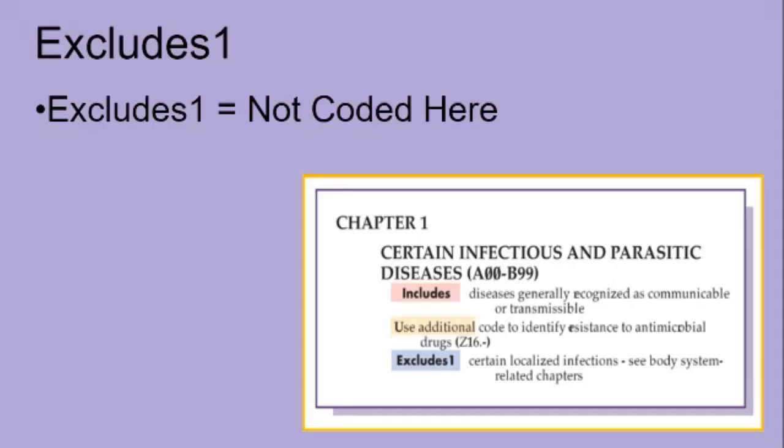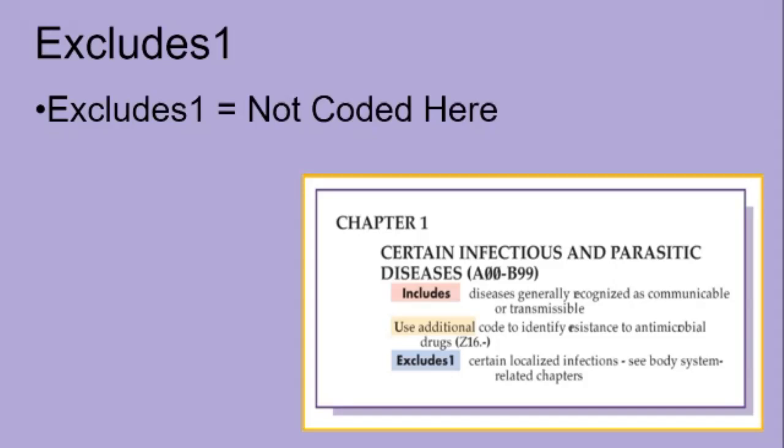Let's talk about excludes 1. It indicates the code excluded should not be assigned at the same time as the code above the excludes 1 note. So let's take a look.